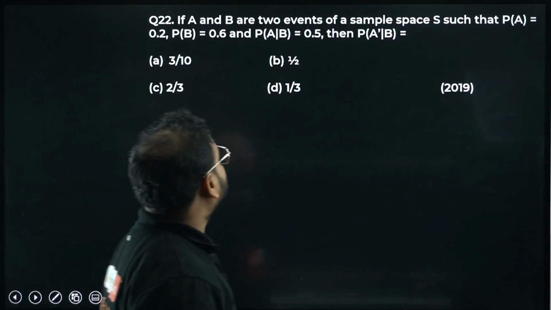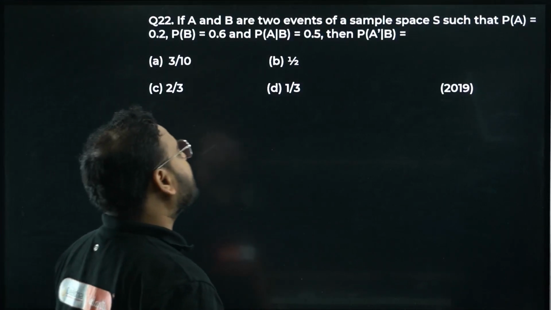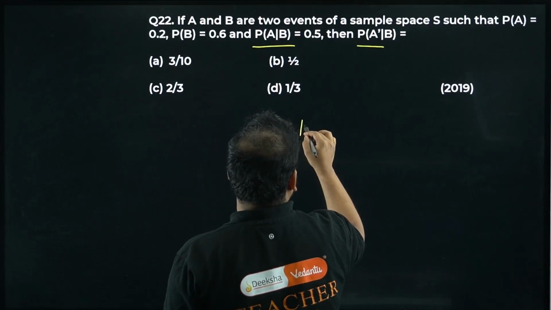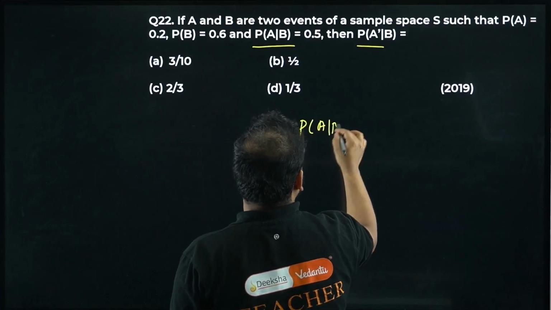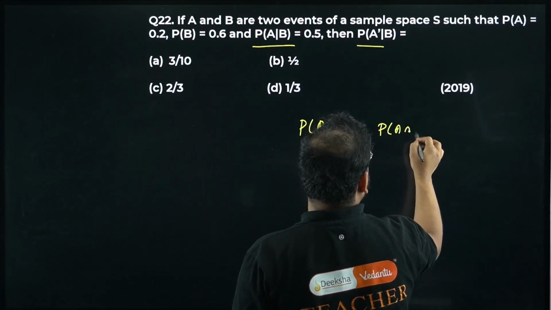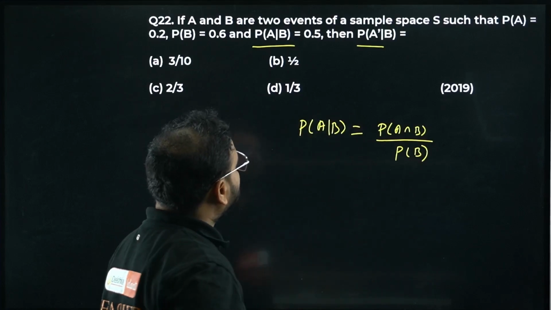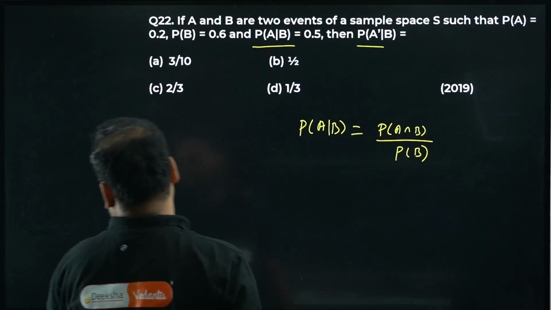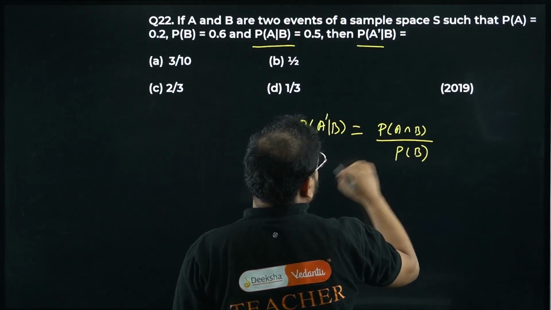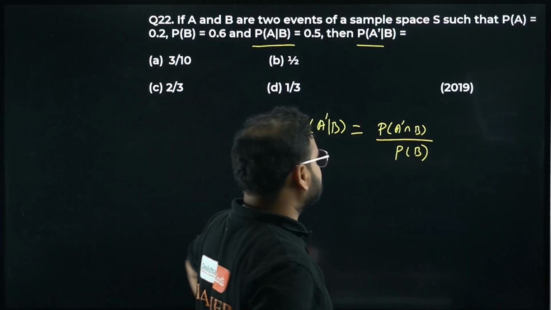Question number 22 now. If A and B are two events of a sample space such that P(A) is given, P(B) is given, they're looking to find this value. Please check. Actually, I'm looking for this condition, P(A'|B). So P(A'|B) will be equal to P(A' intersection B) upon P(B).